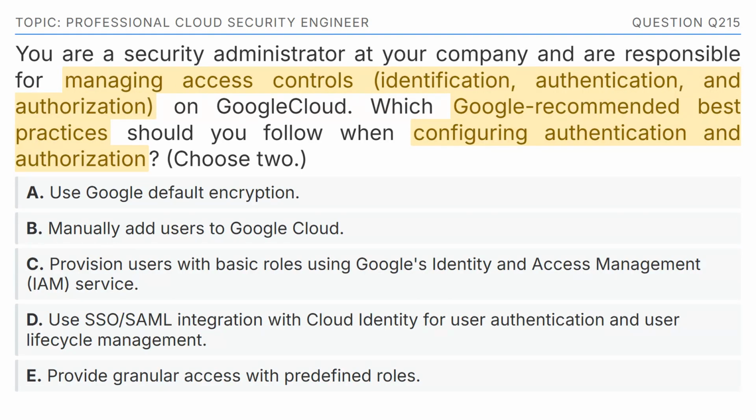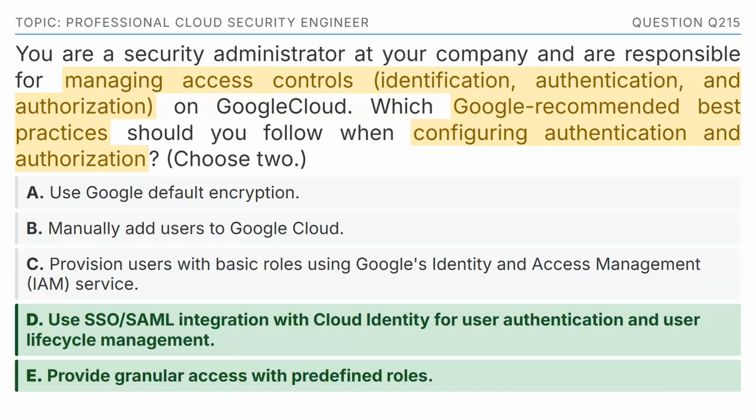To arrive at the correct answer, we focus on the keywords, managing access controls, identification, authentication, and authorization. Google recommended best practices, configuring authentication and authorization. The correct answers are option D, use SSO/SAML integration with Cloud Identity for user authentication and user lifecycle management.